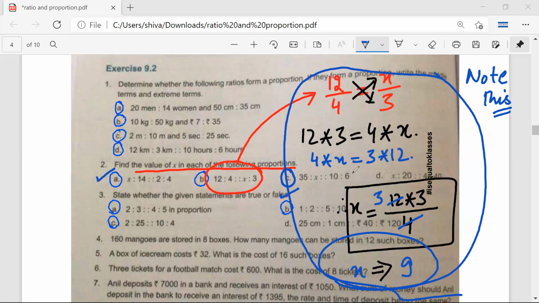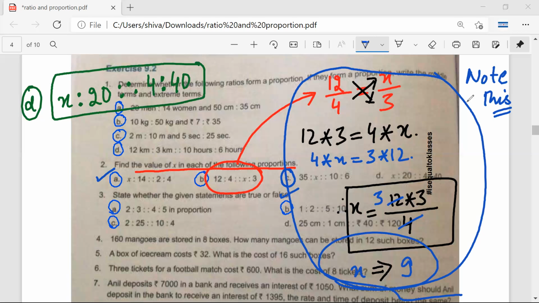Mr. Sarthak, you will be able to do it. There is another question that I'm writing here. Please do that also. The D part, x is to 20 proportion 4 is to 40. Mr. Satya, have you understood? Yes, sir. So note the B part that I've done here, and then start with A part, C part, and D part. I have written D part here also. Mr. Satya, you can start.